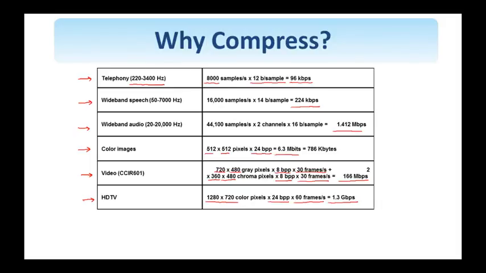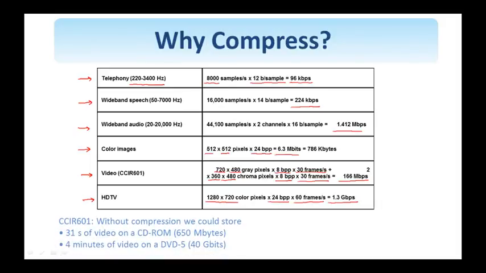So if we look at a simple example here, if we were to store CCIR 601 video that we just showed over here, and if we use a CD-ROM of 650 megabytes as the storage medium, then on one disk we could only store 31 seconds of video.